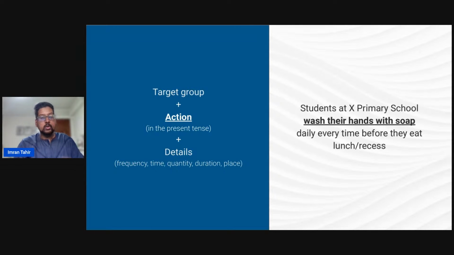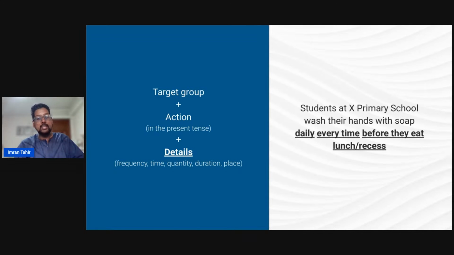As you can see, in the example, the target group is students at X primary school, and the action is wash their hands with soap. It needs to be in the present tense, because you can't enact behavior based on past action; it's what they can do right now or in the coming future. The details are daily, every time before they eat, at lunch or recess. You bring all this together and you know that you have crafted an effective behavior statement.